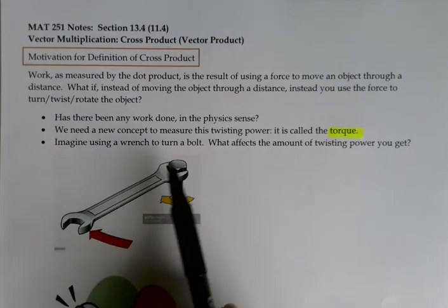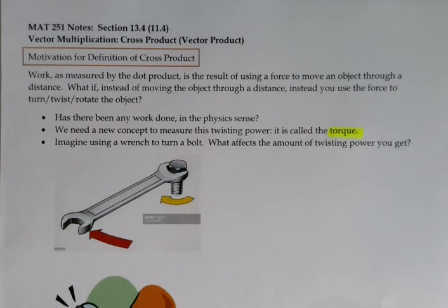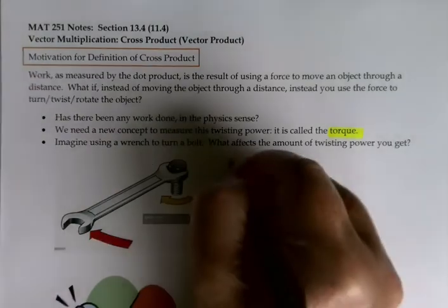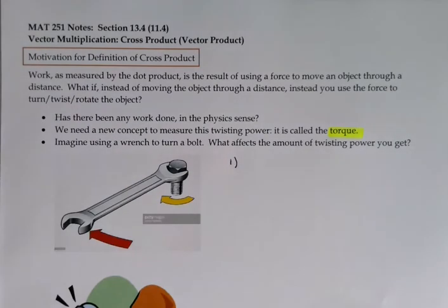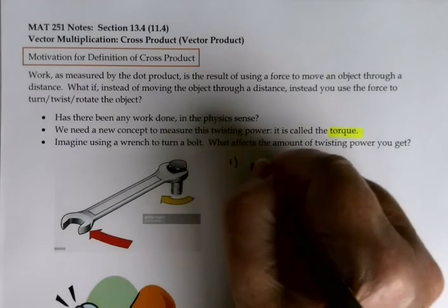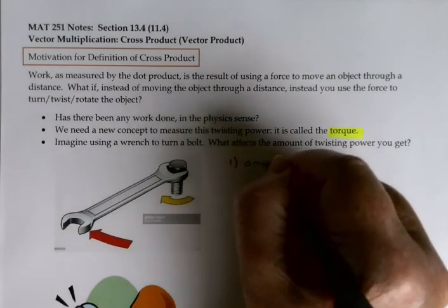So, when you use a wrench to turn a bolt, what affects the amount of twisting power you're going to get? Well, a number of different things. First of all, probably the most obvious, how much force you apply, right? The harder you push, the more twisting power you're going to get. So the amount of force.